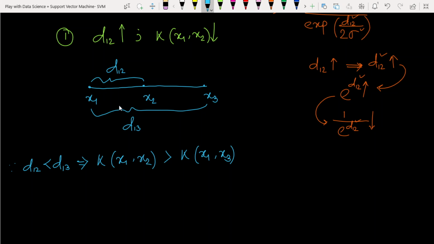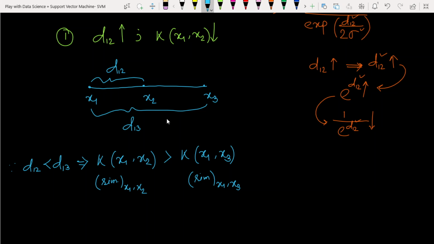If we compare the similarity of x1 and x2 with the similarity of x1 and x3, then as distance increases, our similarity value decreases.